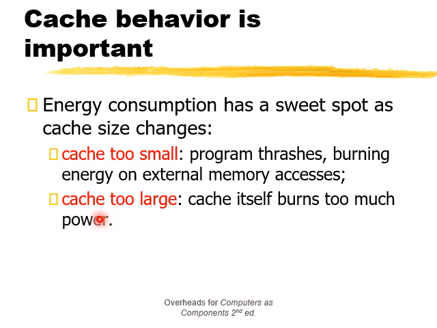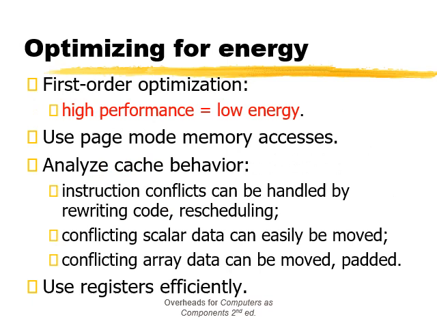So cache plays an important role in energy consumption, and as the cache size changes, our energy consumption changes. Now, if we want to optimize energy for a program, first-order optimization means that low energy means high performance. What we are going to do is use memory in page mode.